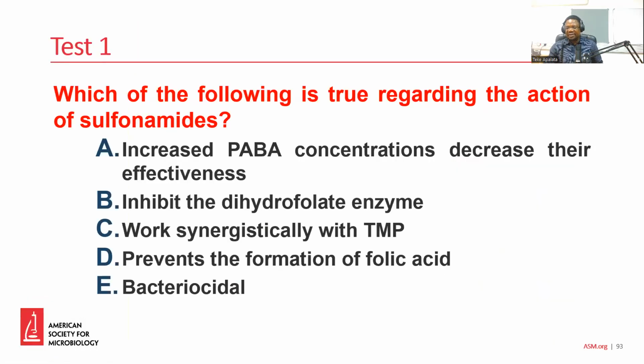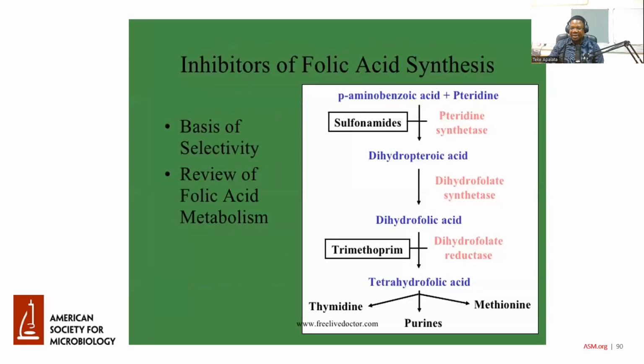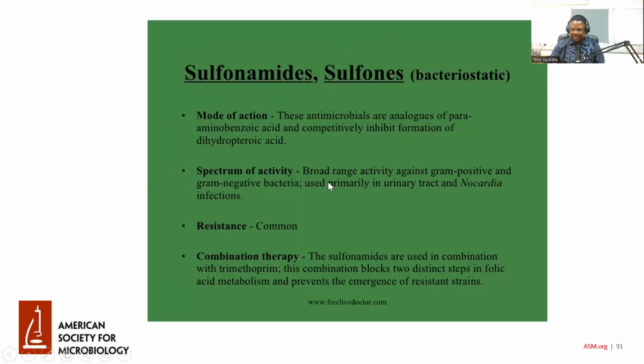They can prevent that indirectly, but not directly, so we can eliminate that. Increase PABA concentration, decrease the effectiveness: when there is an increased PABA concentration, it decreases the effectiveness? No, actually they need PABA because they act by interfering with pteridine synthase.